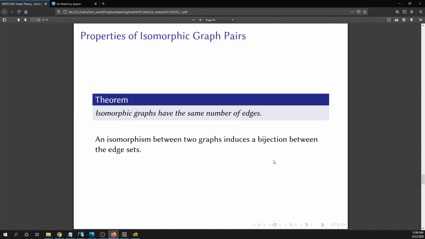And since you have a bijection between the edges, then they have to have the same number of edges. So one way to tell that two graphs are not isomorphic is if they have a different number of edges. If one graph has 5 edges and the other has 7 edges, then automatically you know that those two graphs are not isomorphic.